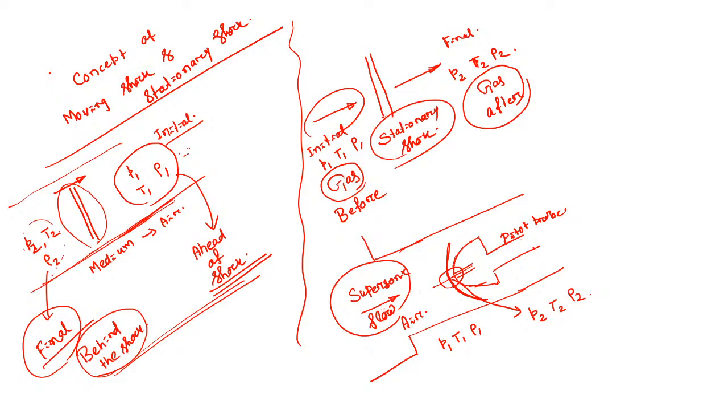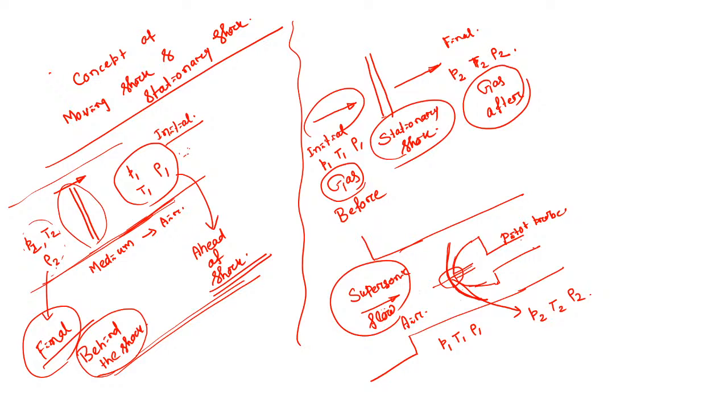window of the wind tunnel, we can see this particular situation as a moving shock. That means the shock wave is moving, and as and when it moves, it changes the flow conditions. That is the reason this explanation was given in this forum, and I have tried to explain.